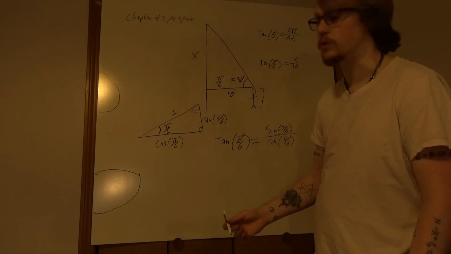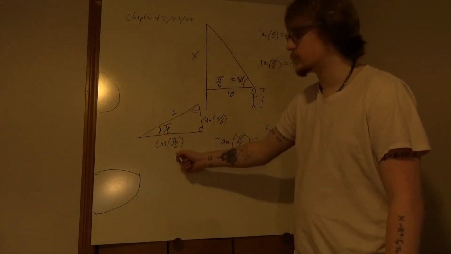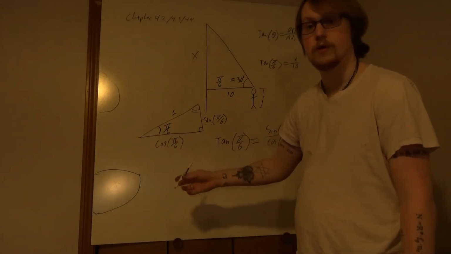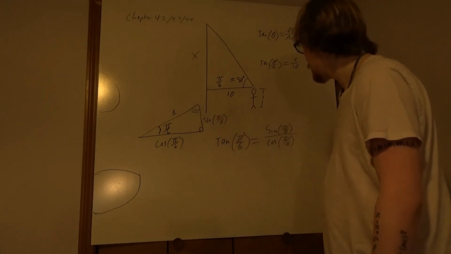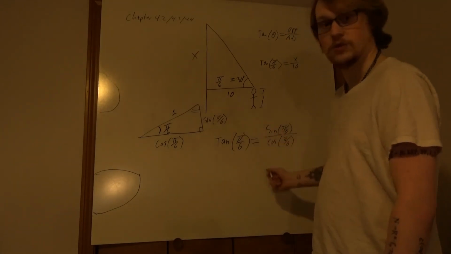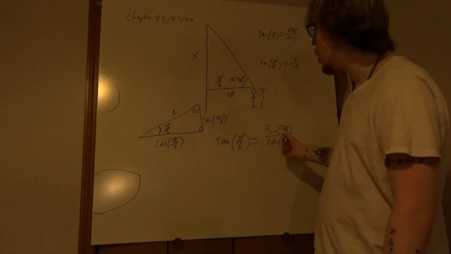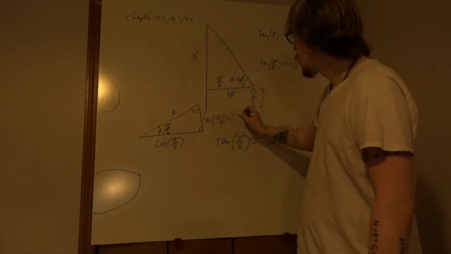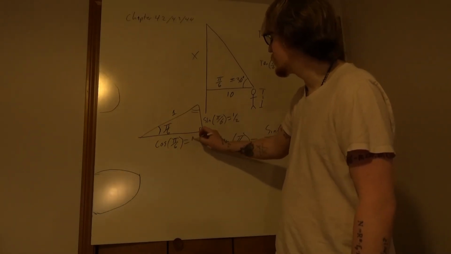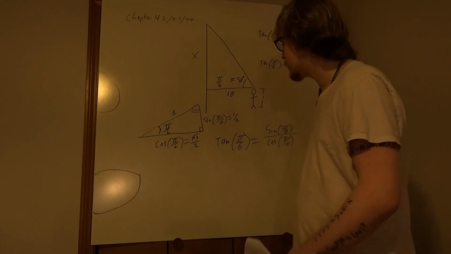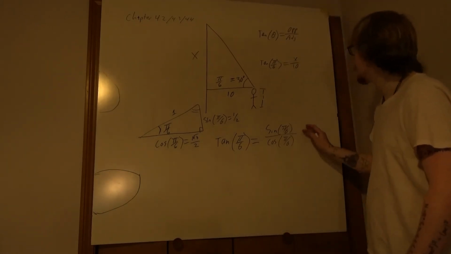Because on the unit circle, this side length and cosine of pi over 6 are the same, and same goes for the y value here. We do know what these two values are, right? We know that this is 1/2 and this is root 3 over 2. So we can plug that in.